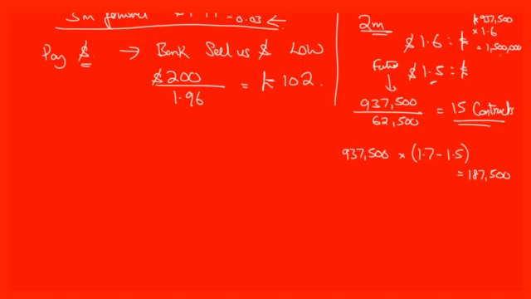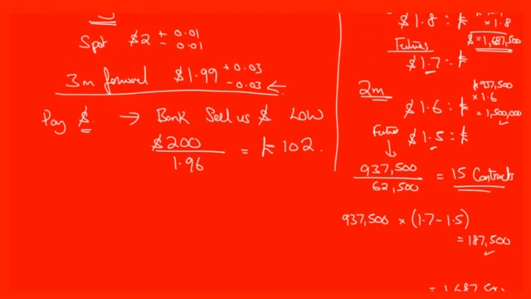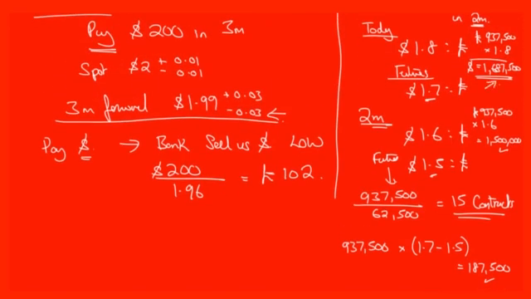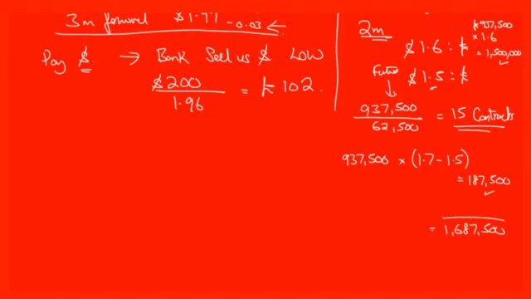So we would receive the 1.5 million plus the 187,500, so we would receive 1,687,500. Compare that to what we would have received if we just exchanged it on the day, which we couldn't because we weren't going to receive it for 2 months. But can you see we've managed to get the same by getting into this futures contract. Otherwise, if we'd just left it, it would have been 1.5 million. But because the futures contract made a gain for us, we have made the same amount.